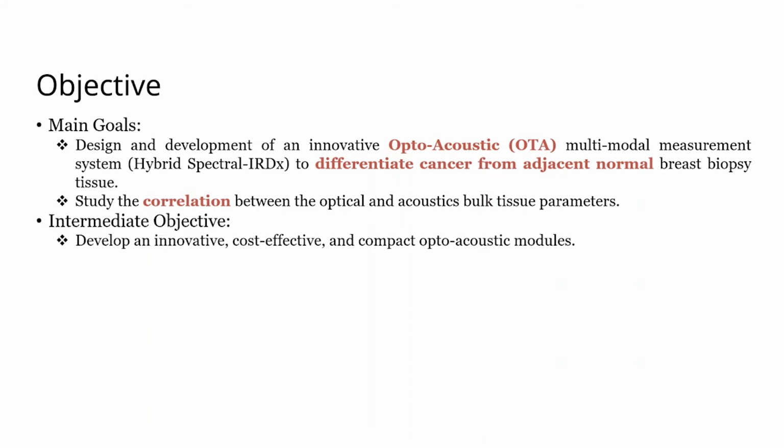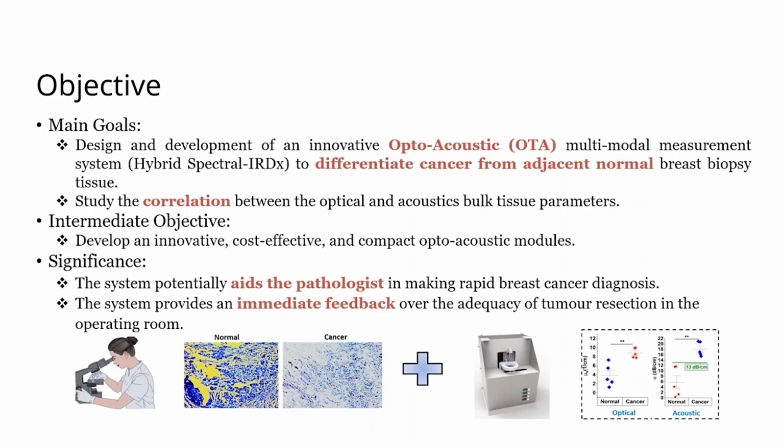The intermediate objective was to develop innovative, cost-effective, and compact optoacoustic modules. The significance of the work was to develop a system that can aid the pathologist to make a rapid breast cancer diagnosis and also to give immediate feedback over the adequacy of tumor resection in the operating room.